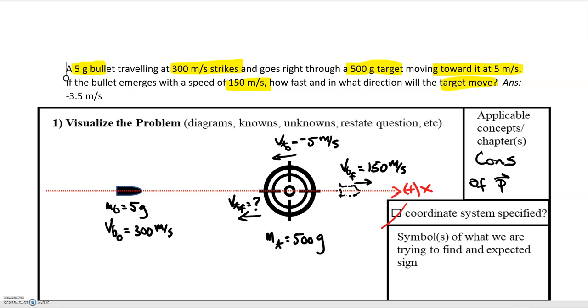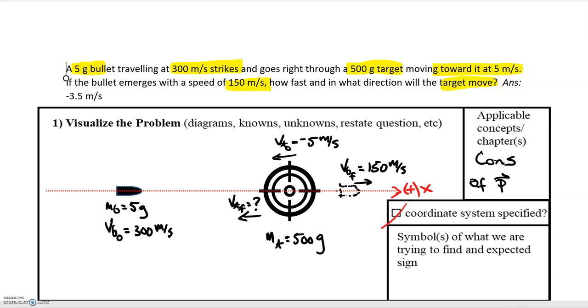So let's think about this. We have positive momentum at the start towards the right because of the bullet. We have some negative momentum towards the left from the target, and then the bullet is continuing to the right with some momentum.